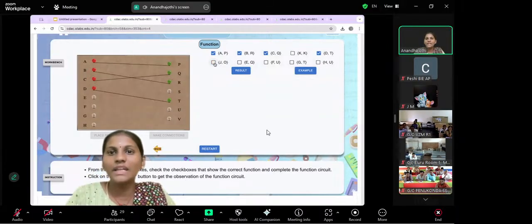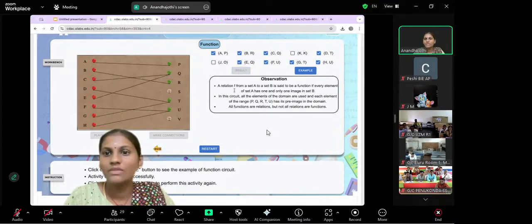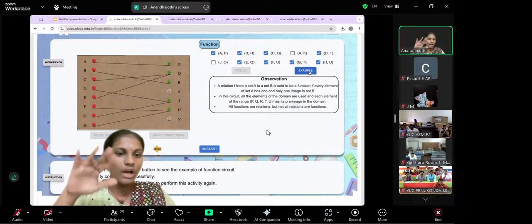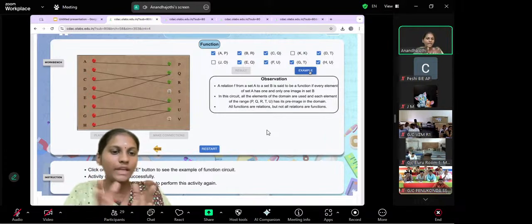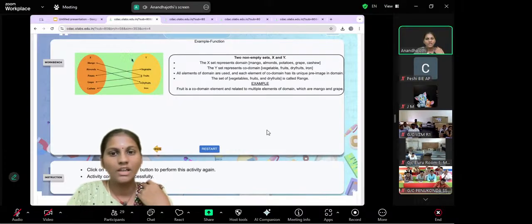So we can simply unclick this one. Again, E and Q, F and U, G and T is there, H and U is there, right? When we click the result, it will be produced, and if we want to explore more, we can click examples. So it will give us some examples too.